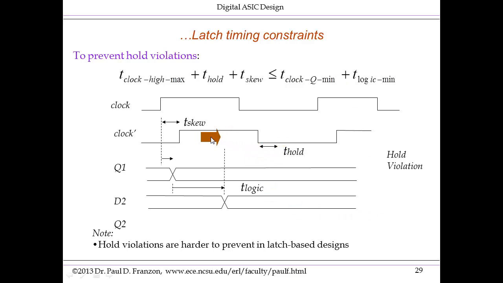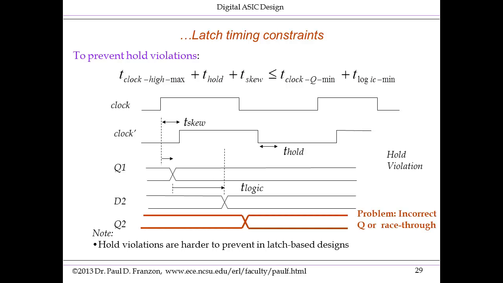The point is that we don't want D2 to change between this time here and this time here, which now includes t clock high max. In this example, that is happening. We have t clock to q here, t logic here.